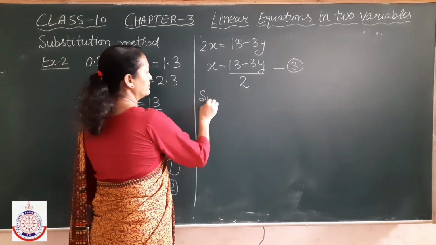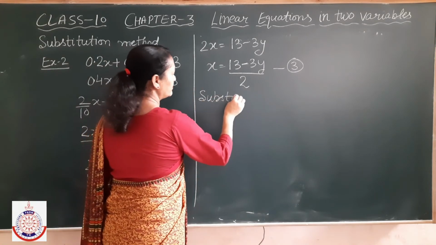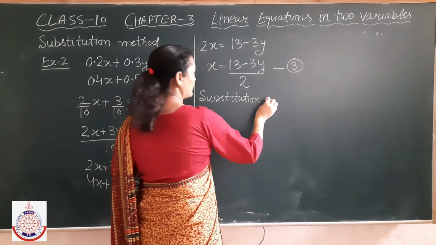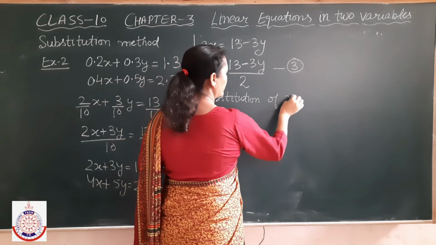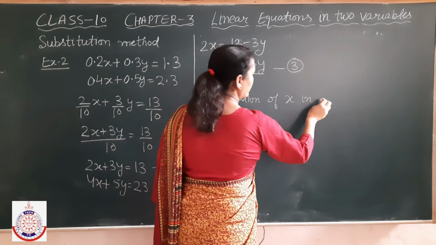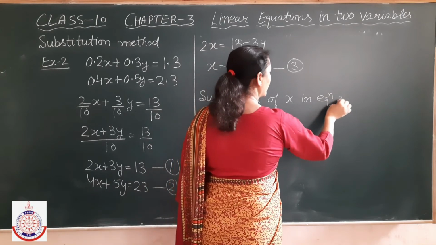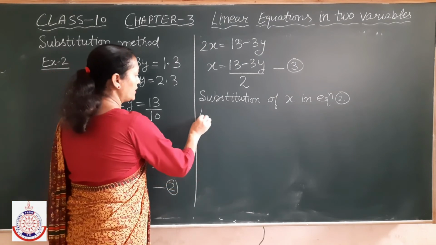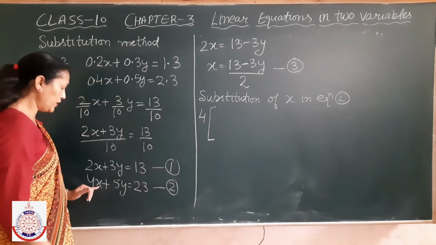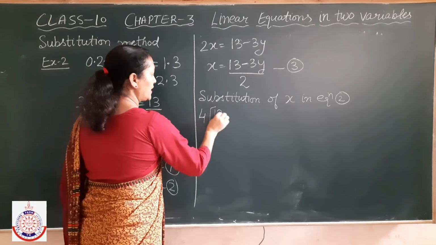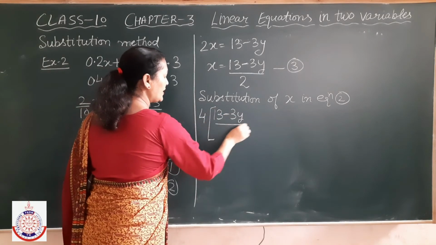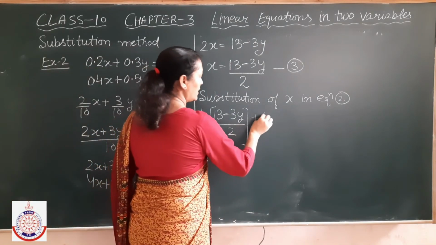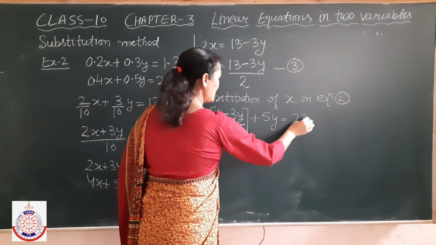Substituting the value of x in equation number 2, we have 4 into x. In place of x, 13 minus 3y upon 2 will come, then plus 5y equals 23.